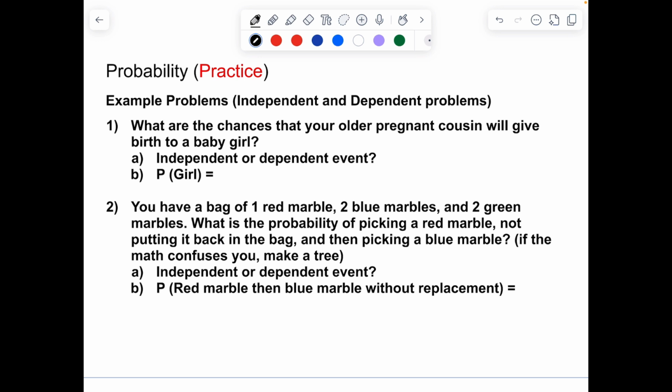What is the probability of picking a red marble, not putting it back in the bag, and then picking a blue marble? And then if the math confuses you, make a tree. Okay, so again, we're answering if it's an independent or dependent event, and then we're calculating the probability of a red marble, then a blue marble without replacement. Feel free to pause this video to work through these problems. We will go over the answers in just a moment.